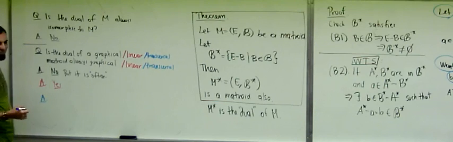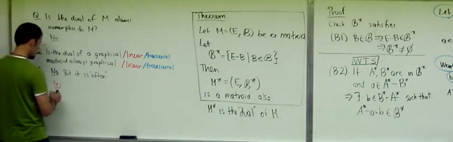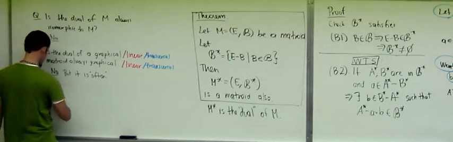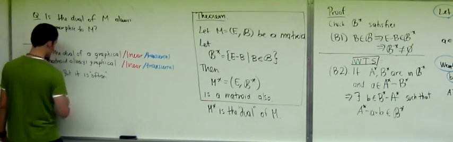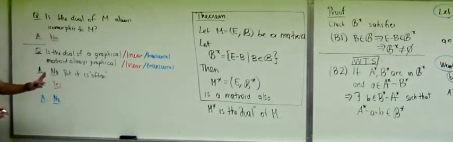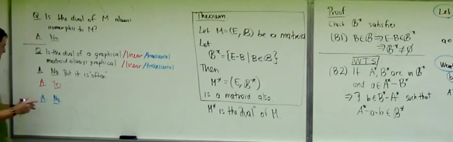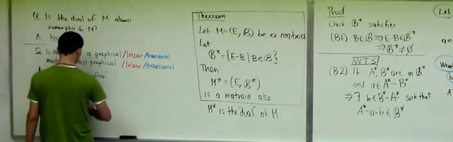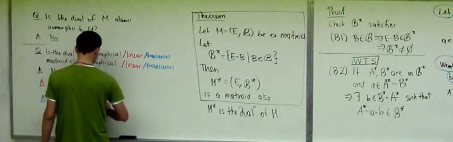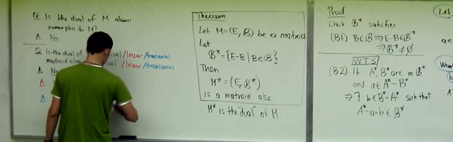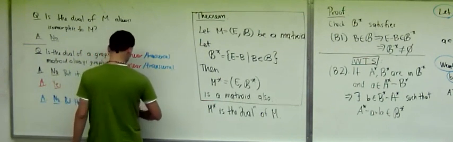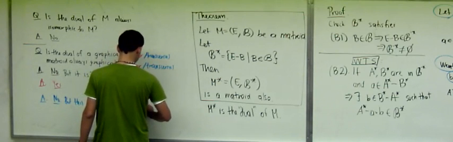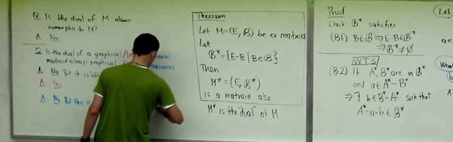It's not open, actually. So actually, this is also not true. No. But this question is very interesting, and we'll say more about this. A very interesting question is: what can you say about duals of transversal matroids?